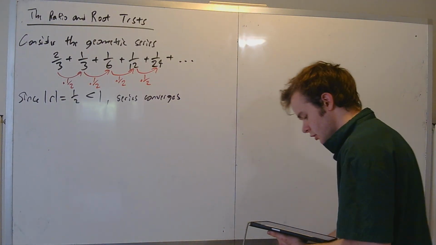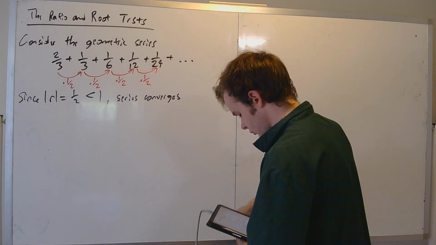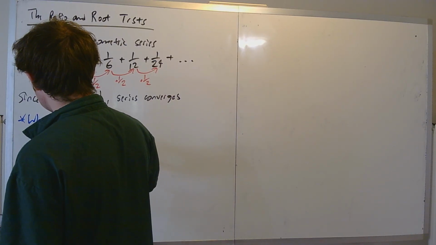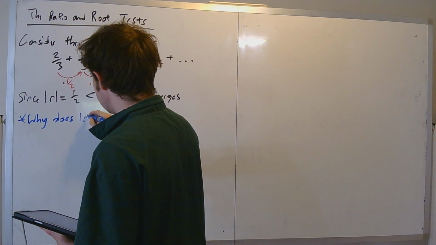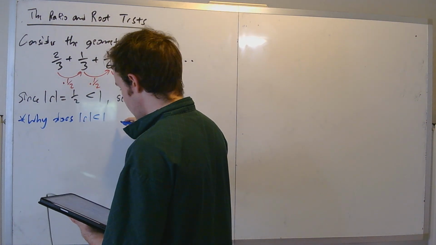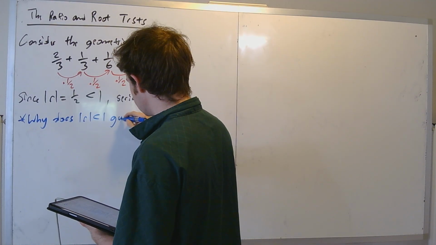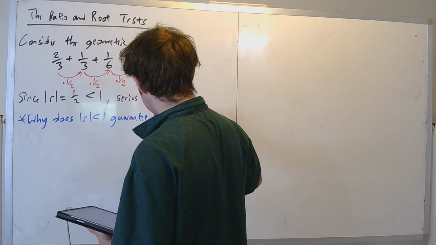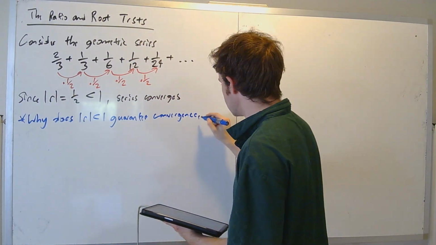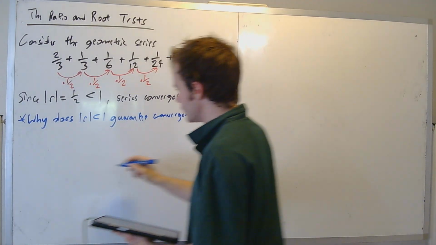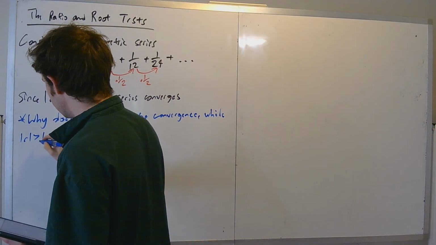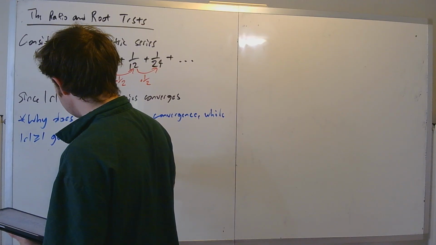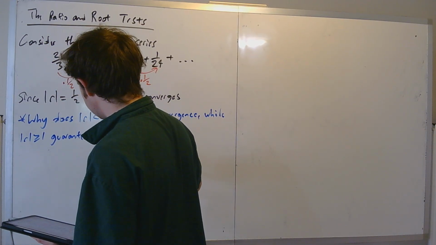So we can ask the question here, why does absolute value of r less than 1 guarantee convergence, while the absolute value of r greater than or equal to 1 guarantees divergence?